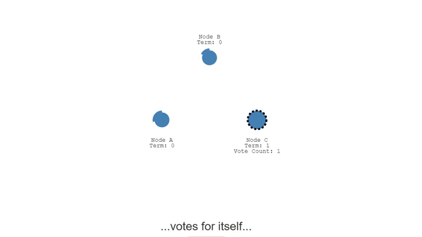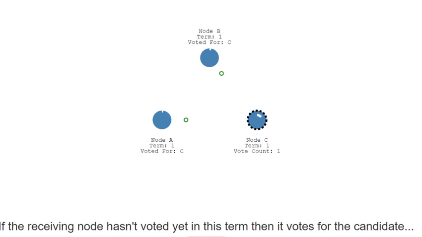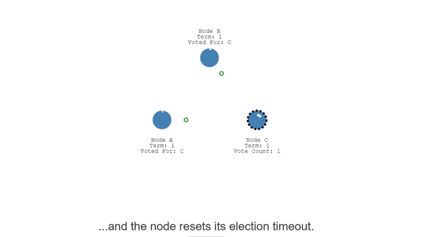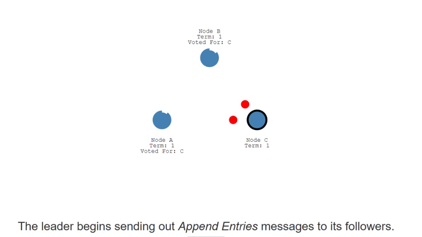It votes for itself. So first, it votes for itself. And then it sends out request vote messages to the other nodes. If the receiving node hasn't voted yet in this term, then it votes for the candidate. And the node resets its election timeout. Once a candidate has a majority of votes, it becomes a leader. The leader begins sending out append entries, also called heartbeat messages, to its followers.